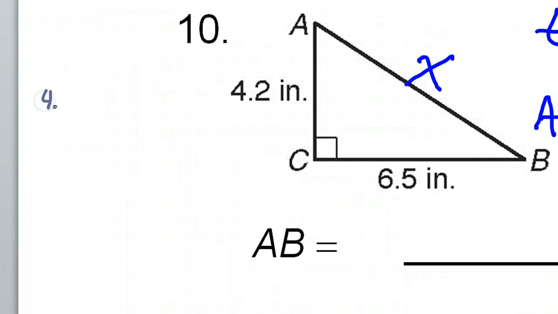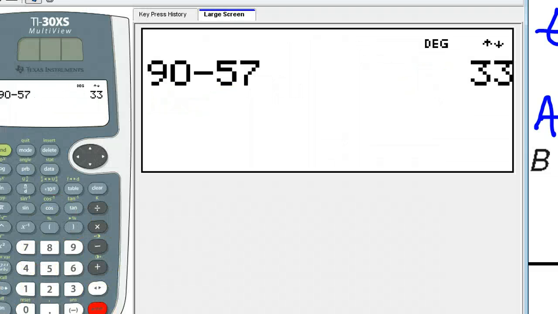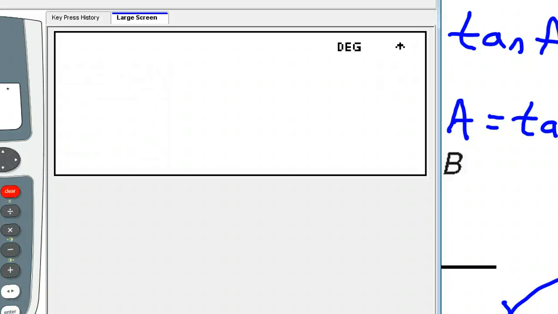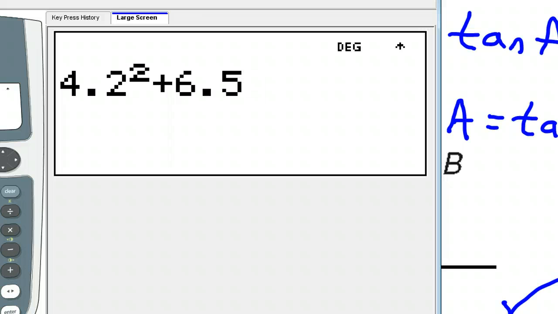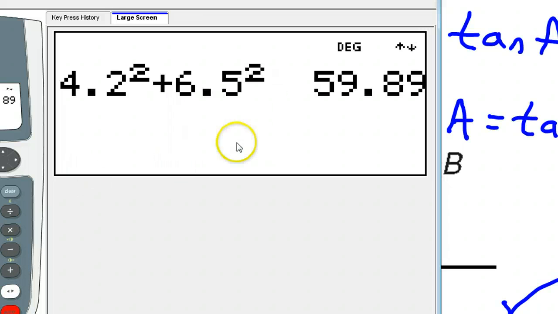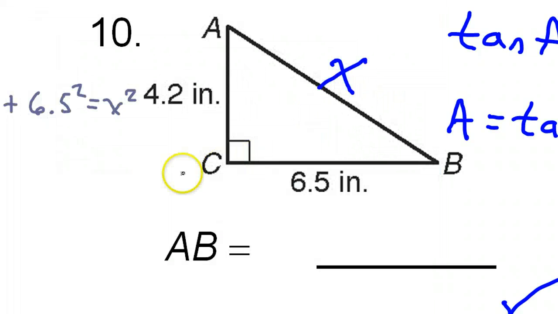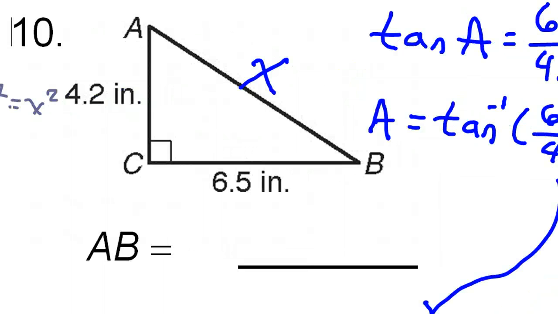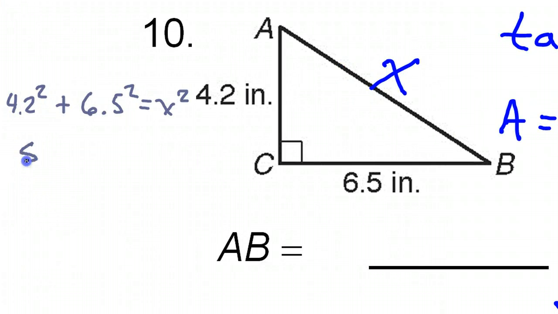So that's 4.2 squared plus 6.5 squared is equal to x squared. 4.2 squared plus 6.5 squared is 59.89. So 59.89 is equal to x squared.